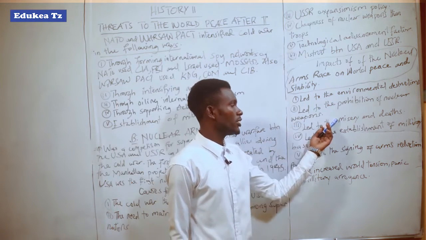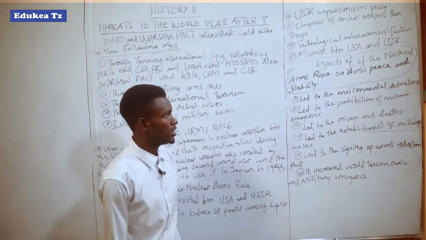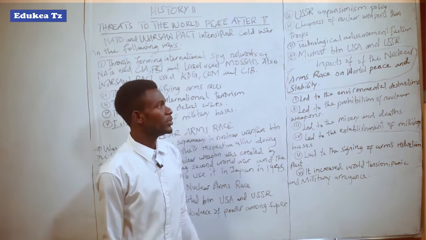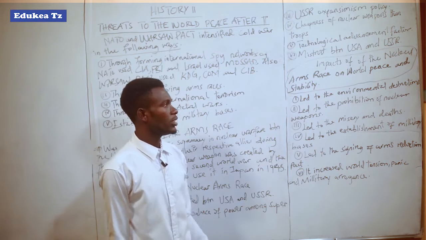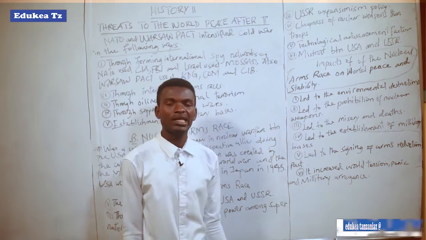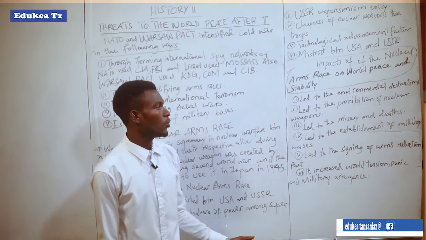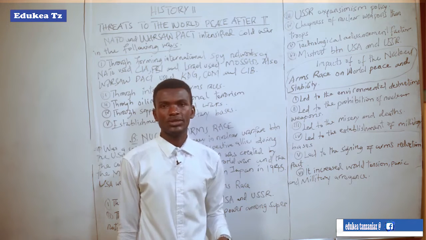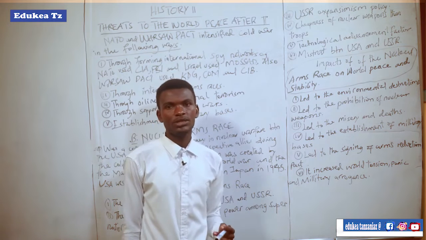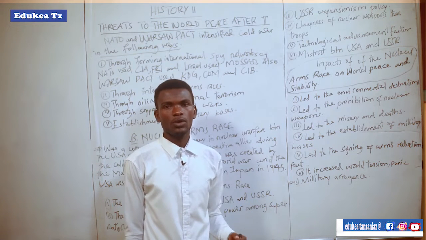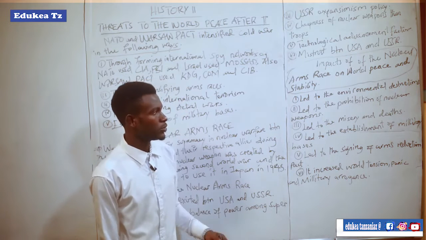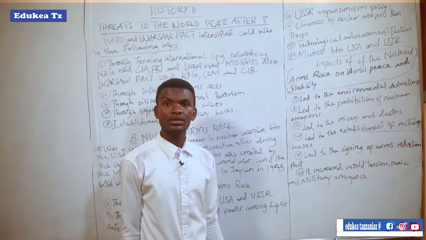Another was that it led to the prohibition of nuclear weapons. It means that the nuclear arms race, in terms of world peace and stability, led to the prohibition of production of nuclear weapons by any country in the world, whereby the United Nations decided and signed a treaty that no nation, whether capitalist or socialist, should produce nuclear weapons, but they did not abide.